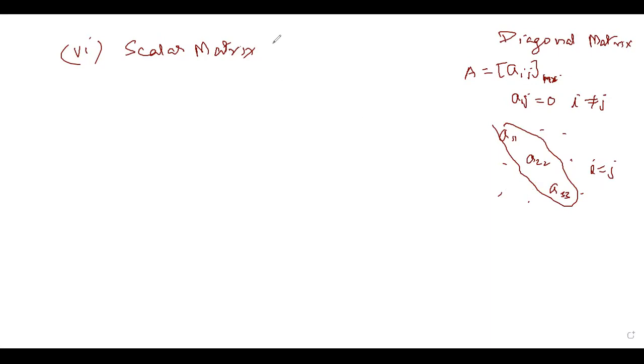So a scalar matrix is a diagonal matrix with all diagonal elements equal.